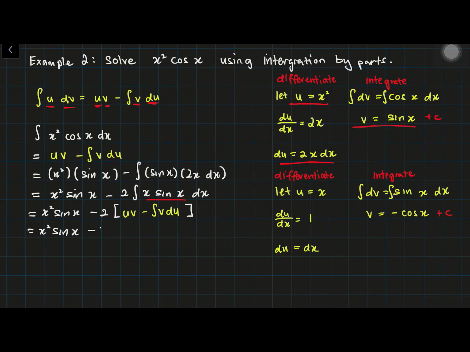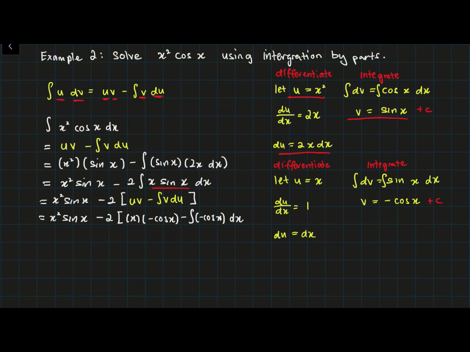And finally, we can perform integration by parts by substituting the new terms into uv minus integral of v du. Let's focus inside the bracket. For the first term, uv is negative cos x times x. And for the second term, it is negative integral of negative cos x dx. So negative times negative for the second term becomes a positive. So now what is inside the bracket?